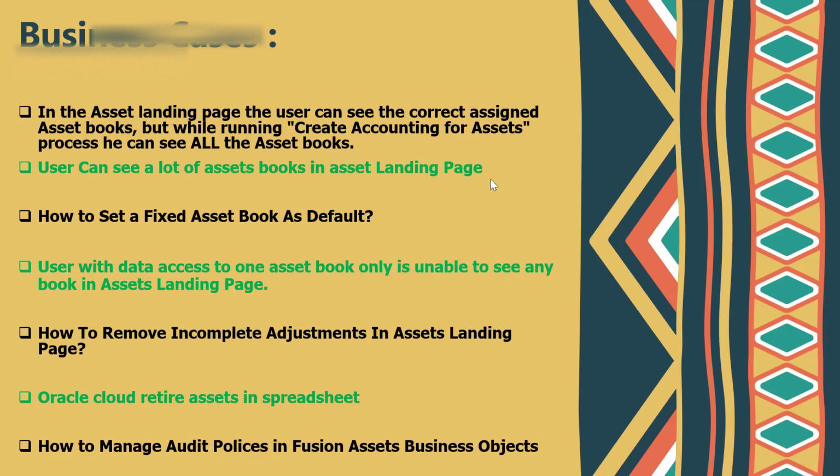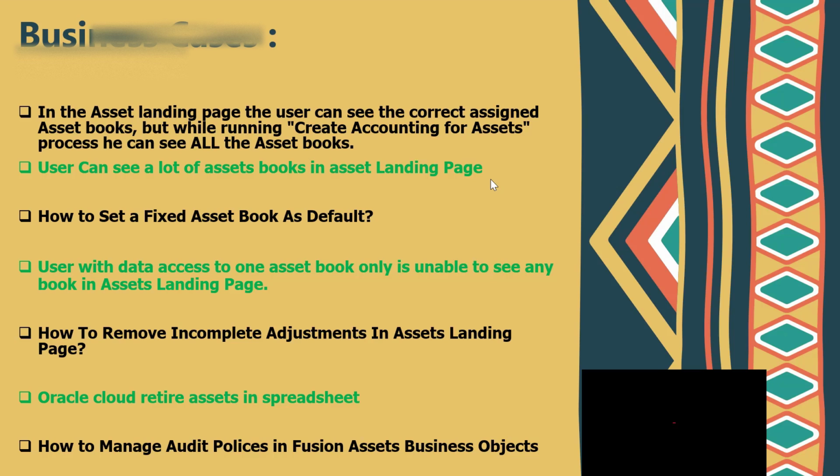The last one here will talk about how to manage audit policies in Fusion Assets Business Object. There is one option in Oracle Cloud to audit, to track the changes for specific attributes of the assets or changes of the asset life cycles.